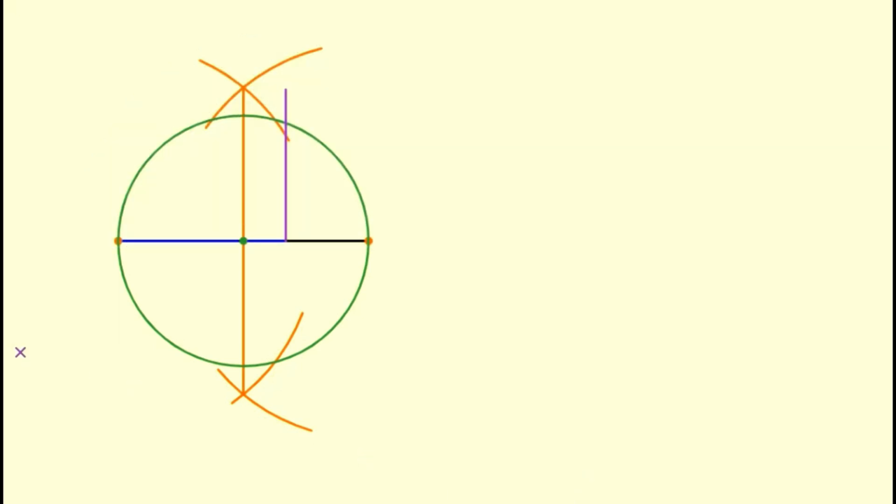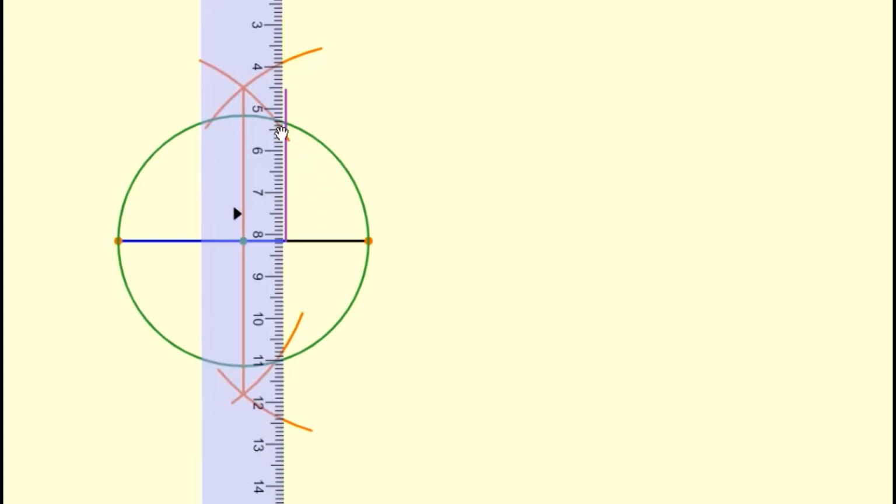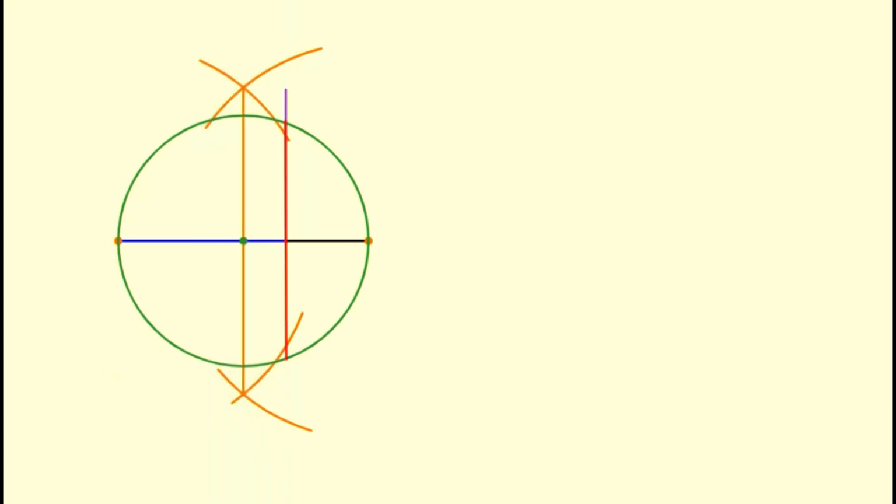Now the length from this point to this point is root 8 centimeters. Since this length is root 8, this is also root 8. So let us extend it to meet the circle again. So we got a red line now.